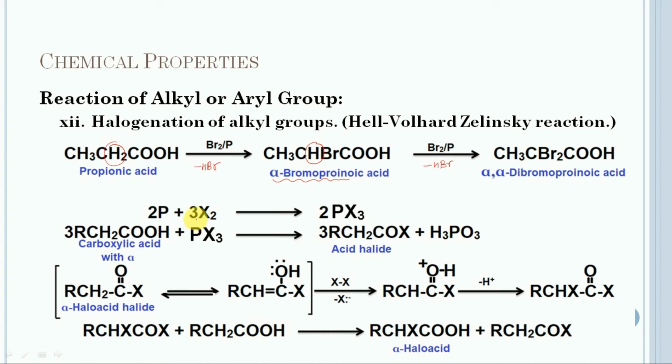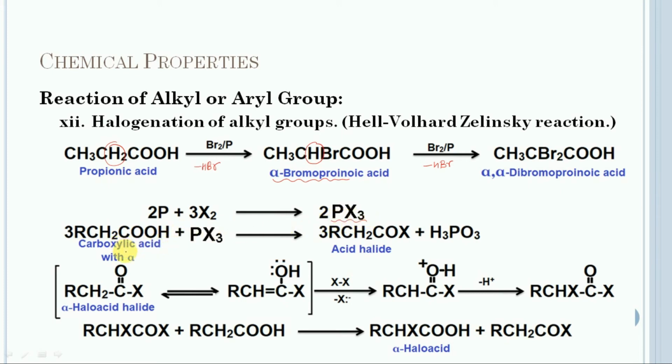What about the case of chlorination? It continues further after the replacement of the alpha hydrogen atoms. So let us consider its mechanism. In the first step, red phosphorus will react with halogen and phosphorus trihalide will get formed.